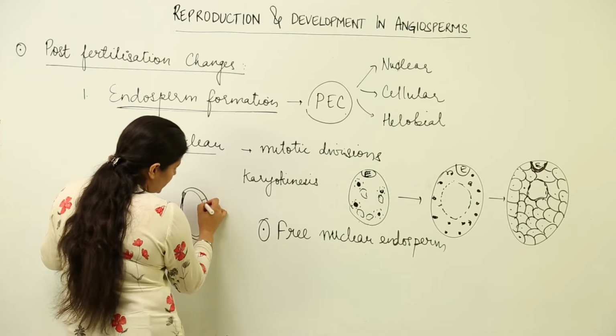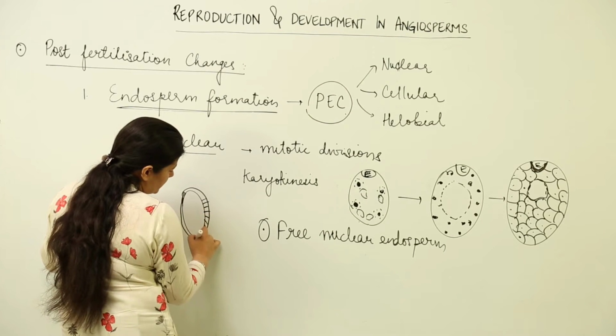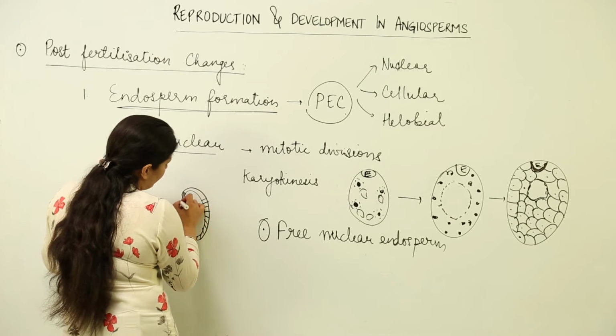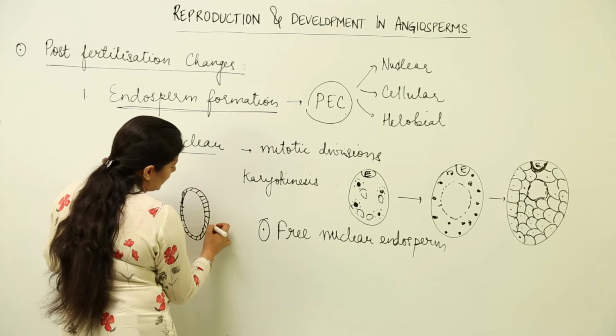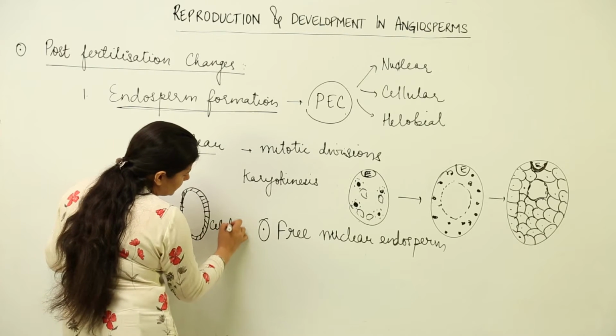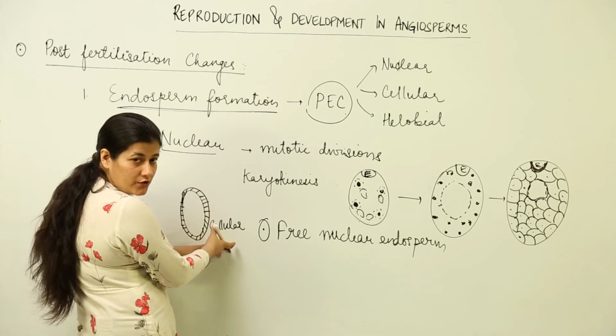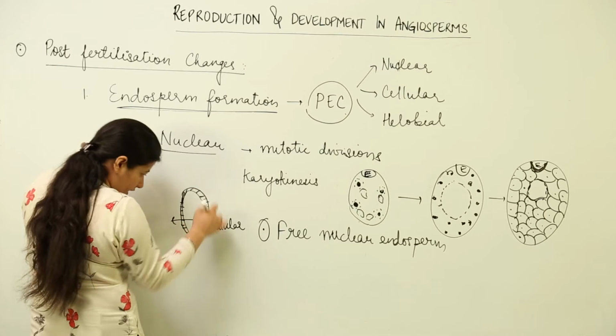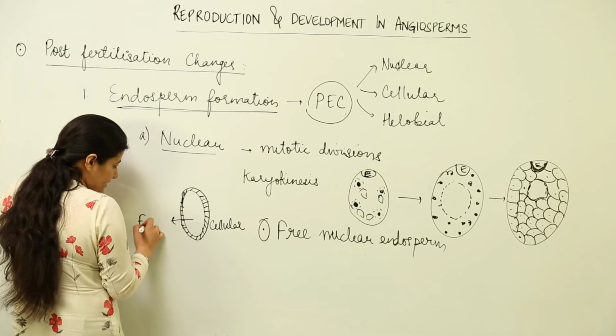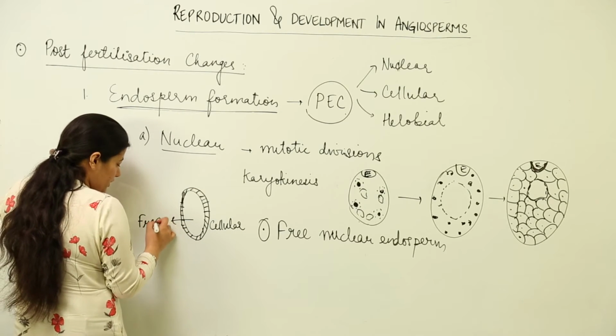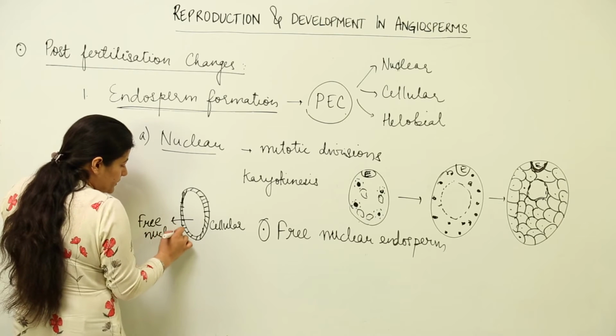This white part is that part of the endosperm that has developed cell walls. So this has become cellular endosperm. Though the endosperm is nuclear only, it is cellular nuclear endosperm, and the inner one, because it has not developed the cell walls yet, is highly vacuolated and is free nuclear endosperm.